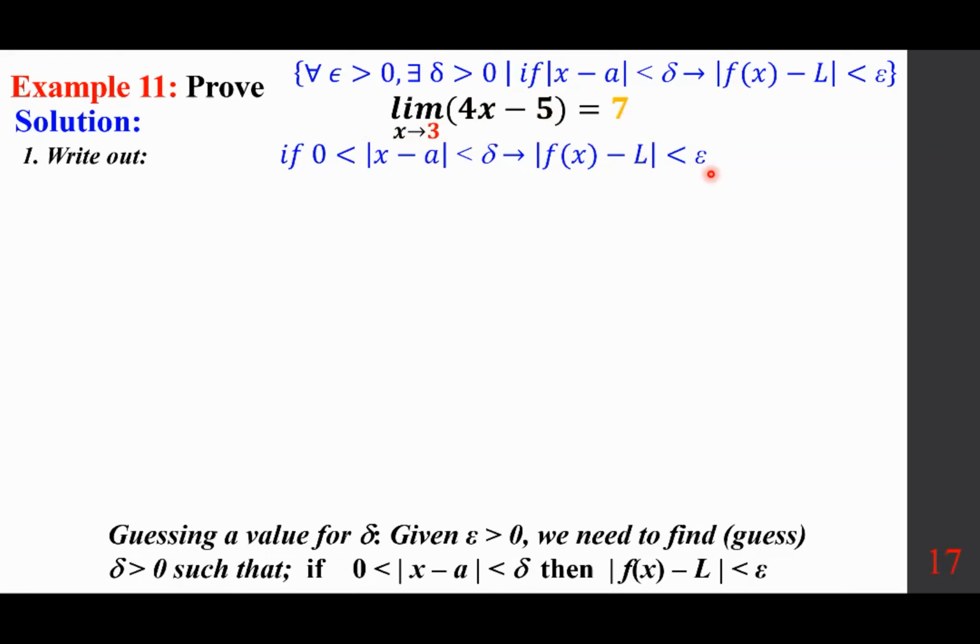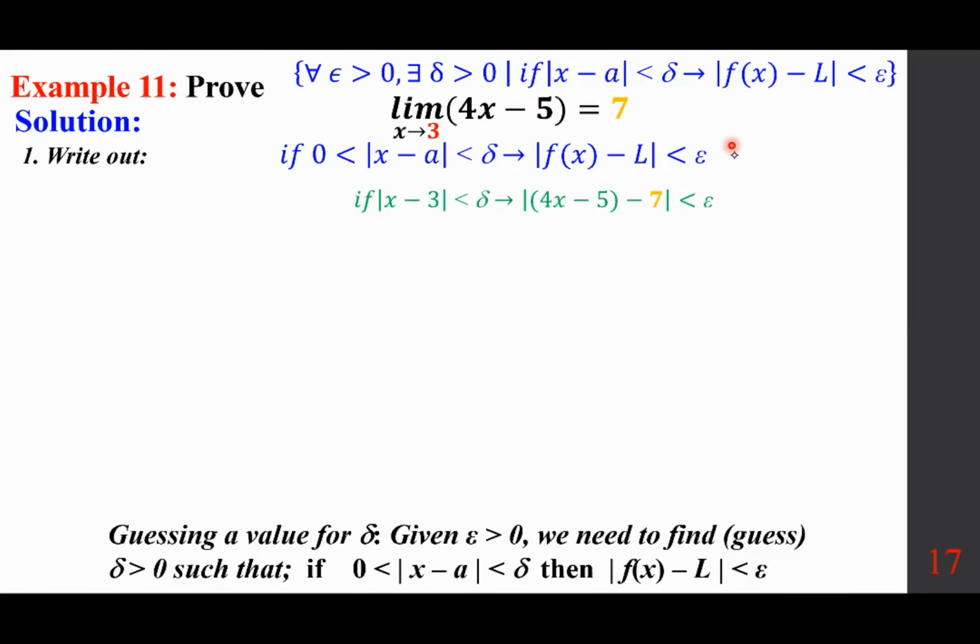So we write this, and from here, we replace what we must. Again, a is 3, the function is 4x minus 5, the limit is 7.